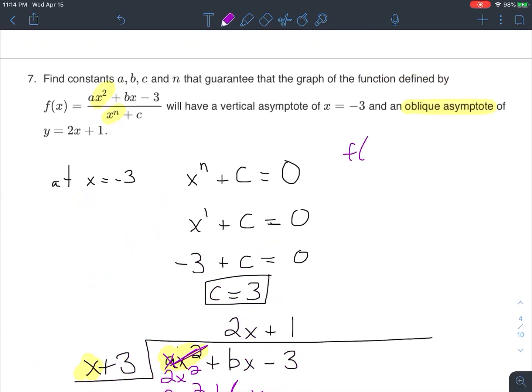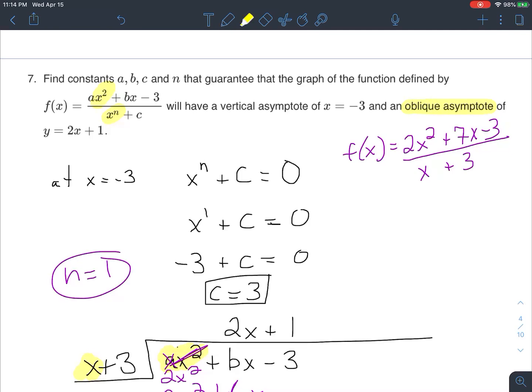So f of x equals 2x squared plus 7x plus 3 over x to the 1 plus 3. I forgot also to write that n equals 1.